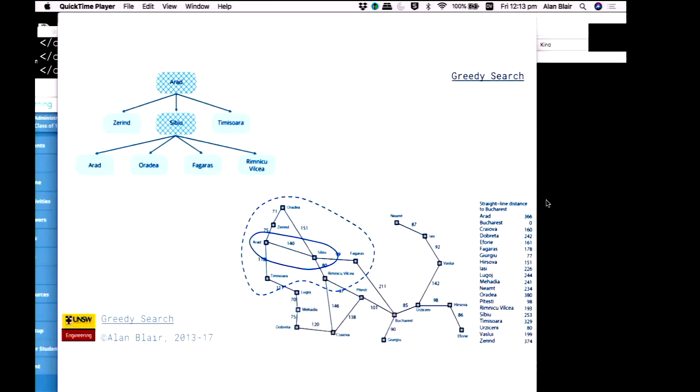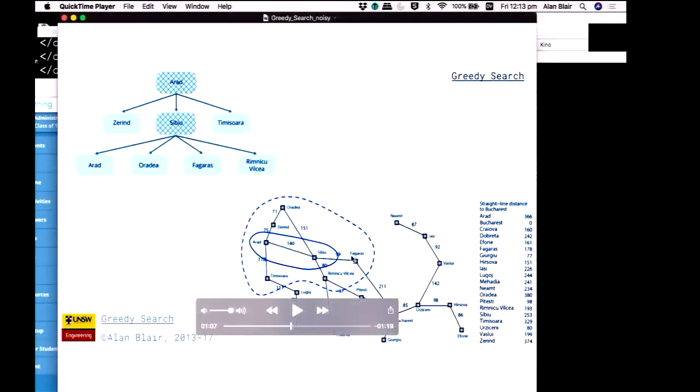Fagaras is closer to Bucharest, so that's why it's called greedy search. It thinks, if I expand Fagaras in one step, I can get so close to the goal. So it's always trying to bite off the biggest piece of the puzzle that it can. It's trying to get as close to the goal as it can as quickly as possible.